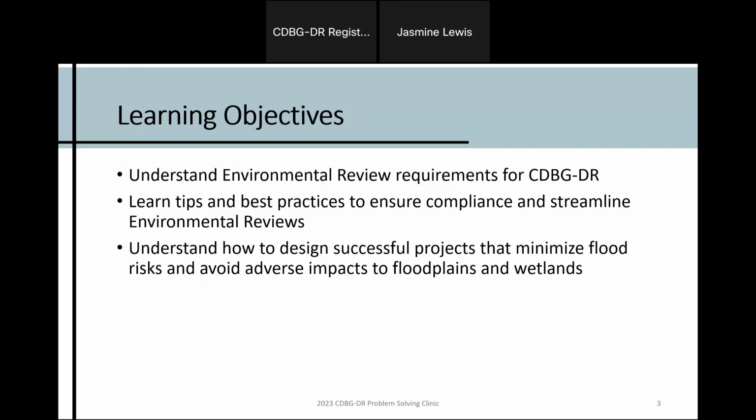So let's take a quick look at some of the learning objectives today. We're going to provide a basic overview of the environmental review requirements, share some tips and best practices, and talk specifically about how you can minimize flood risk and avoid adverse impacts to floodplains and wetlands.